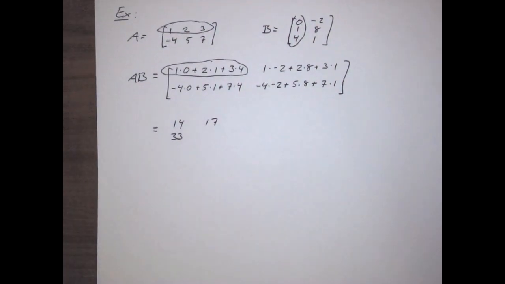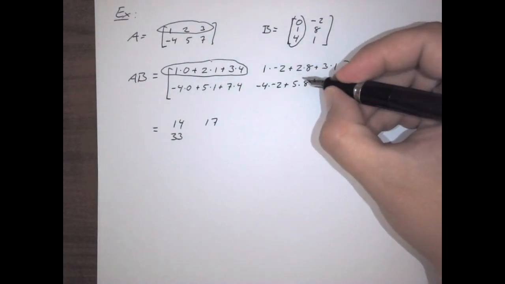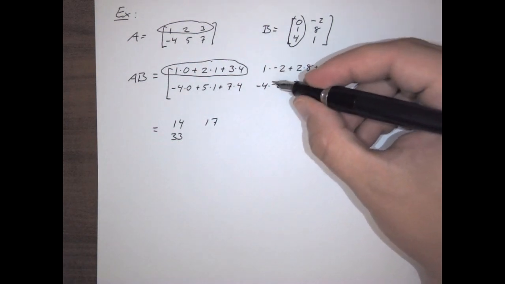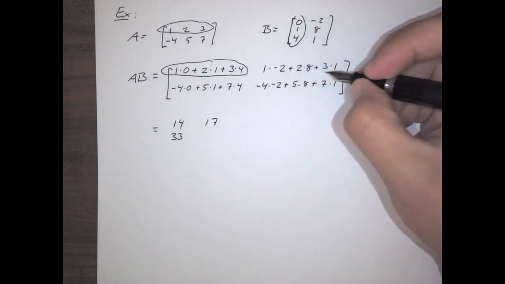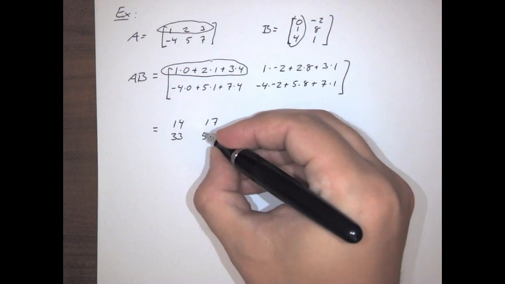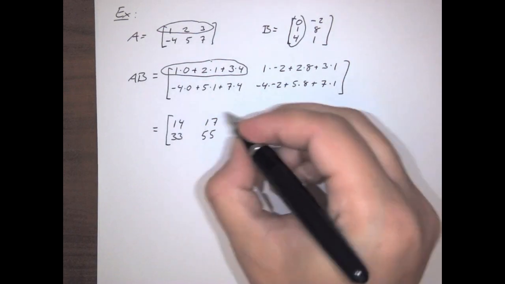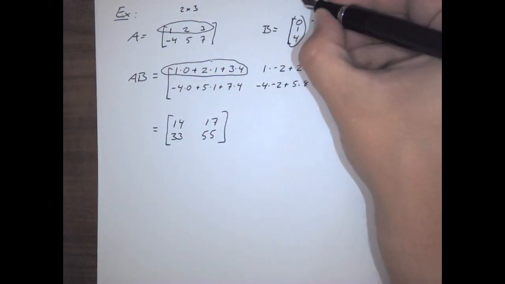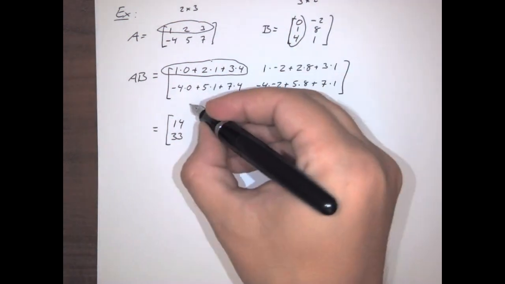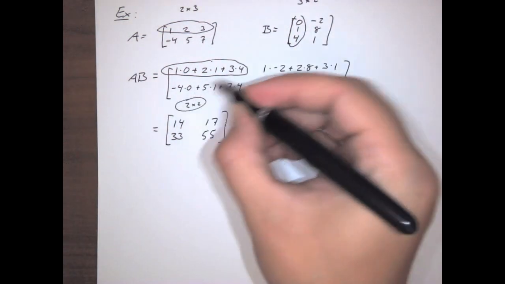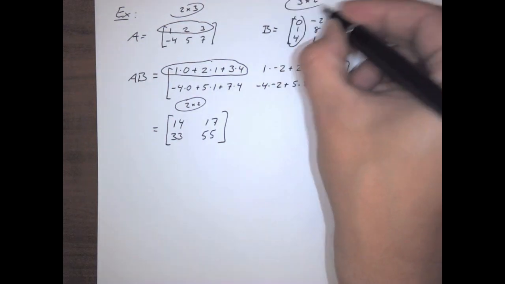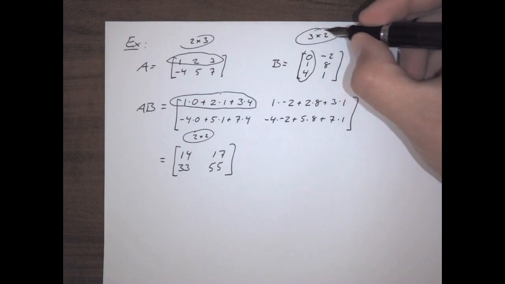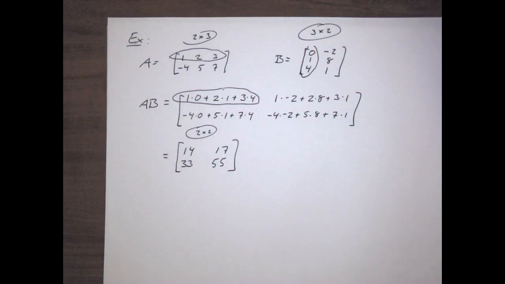And then here, 8 plus 40 is 48, plus 7 is 55. You'll notice that this 2 by 3 times this 3 by 2 resulted in a 2 by 2 matrix. The middle two had to match, and then the outer two gave the dimensions of the product.